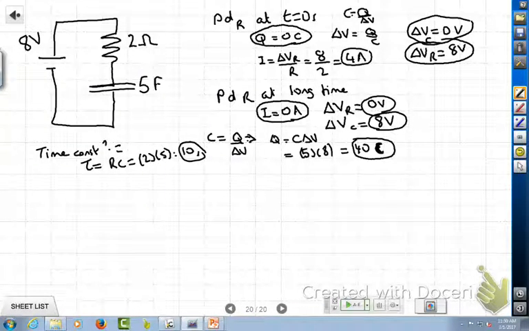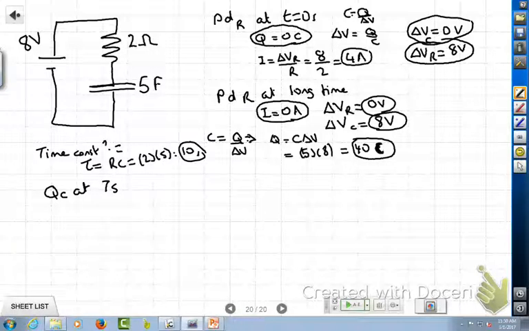Now, I've got to do that calculation when I'm setting this thing up, because I'm going to turn around and ask, what's the charge on the capacitor at, say, 7 seconds?